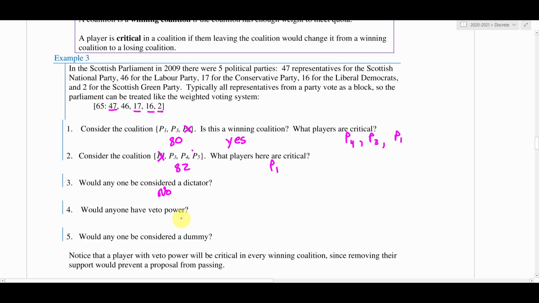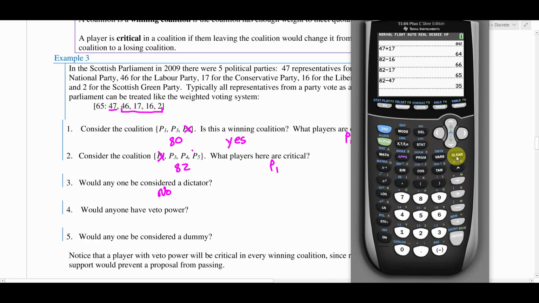Okay. Would anyone have veto power? The quickest way to determine if someone has veto power is to find the player that has the most weight. They are the most likely to have veto power, and let everyone else team up. Right? So if all of these guys were to team up, let's see how many votes we would get. So we got 46 plus 17 plus 16 plus 2.